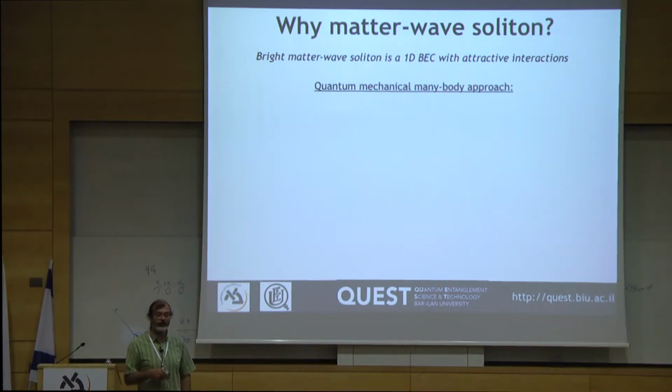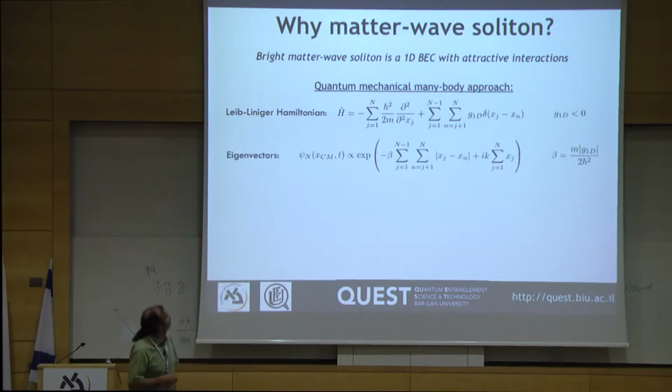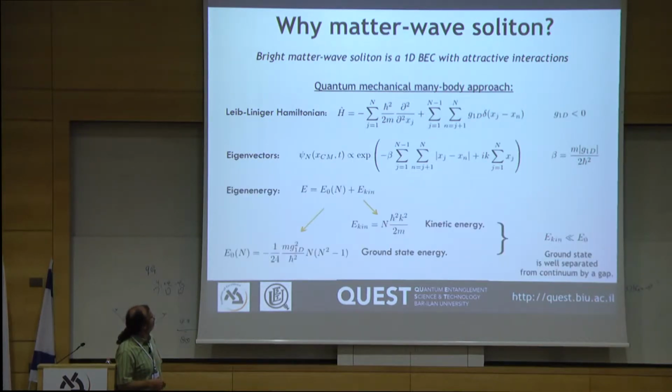This is not a nonlinear Schrödinger equation; we have to solve a Lieb-Liniger Hamiltonian. Well, this is also a well-known model. It has well-known solutions. These are the eigenvectors, and these eigenvectors have well-known eigenenergies.